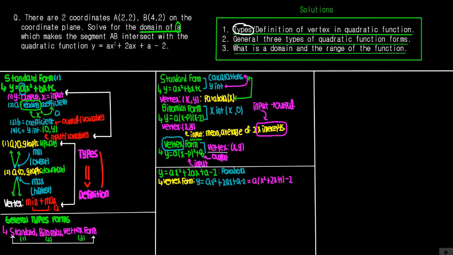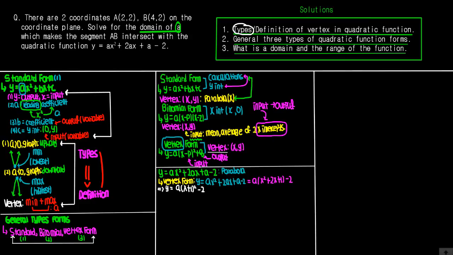We are completing the square. And lastly, y is equal to the final vertex form, a times x plus 1 squared minus 2.